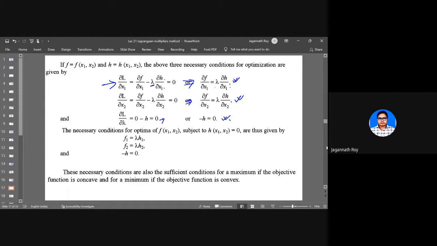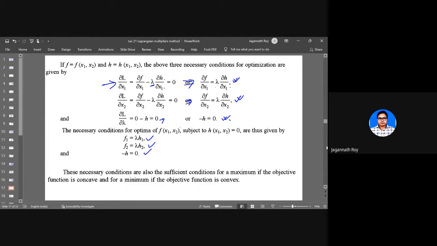So the necessary condition for optimum, we are not telling about maximum or minimum, we are telling about optimum. So this is 1, 2, and this is 3, minus h equals to 0.